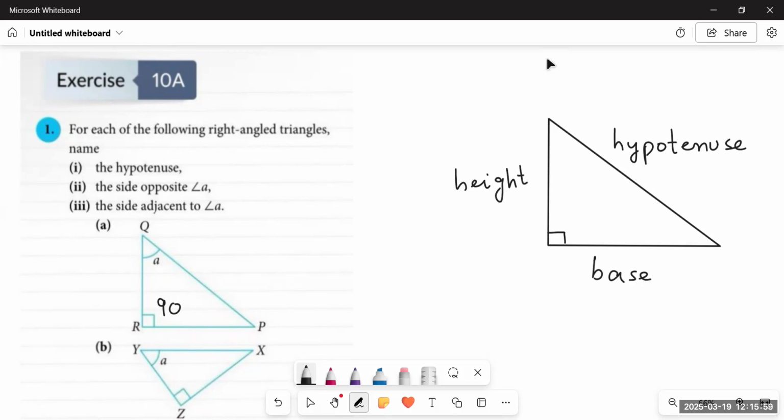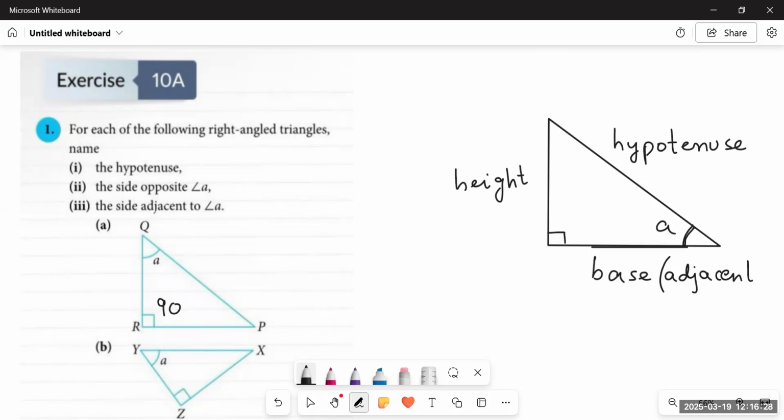So if we are provided with one of the angles here, let's say this is angle A, then according to this angle, we will decide which of these two perpendicular lines would be base or height. If the angle is over here, then the side adjacent to it, this side, is adjacent to angle A, and hence this side would become the base.